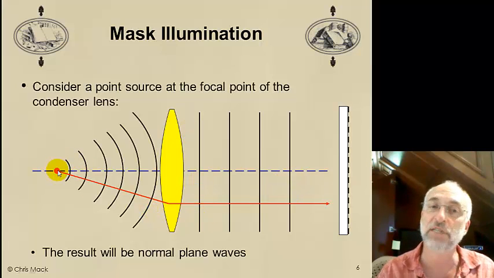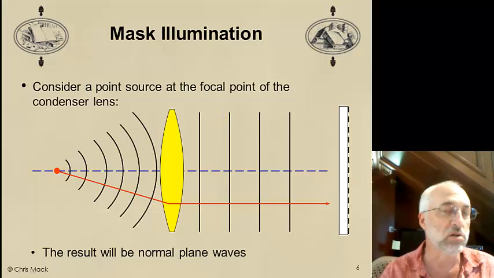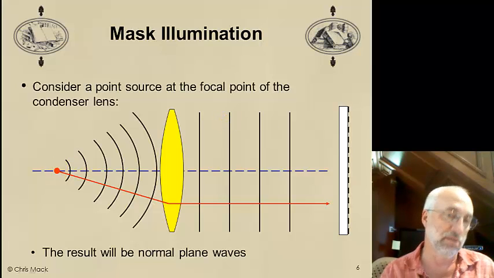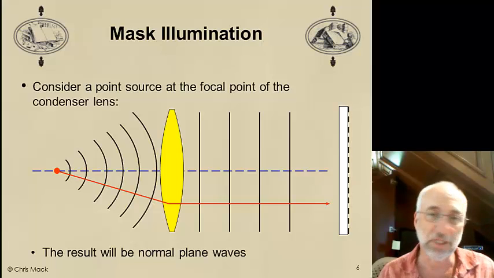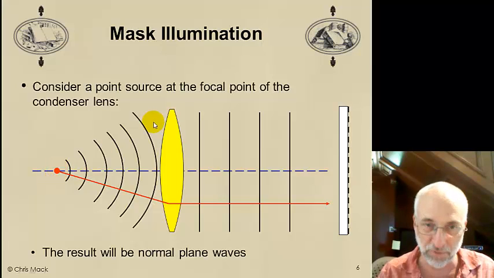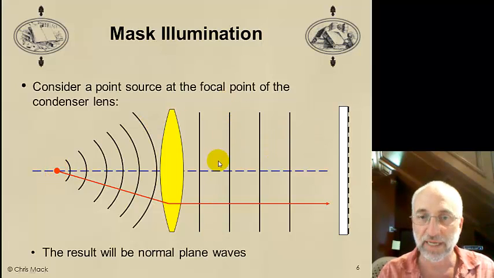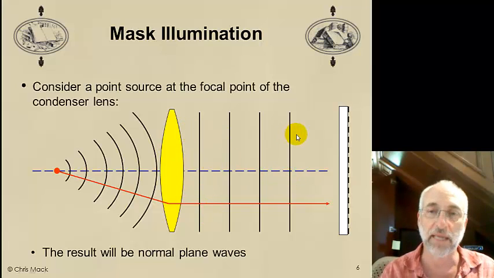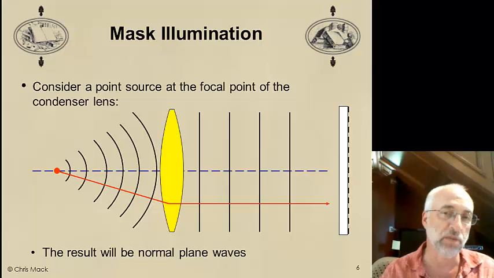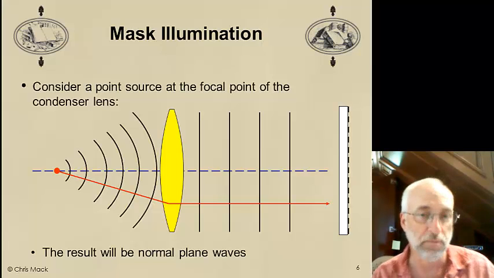That's kind of the definition of the focal point. And lenses are symmetric. You can just reverse the direction of the rays and everything works the same. So light emanating from the focal point will turn into light coming parallel with the optical axis out of that lens. What do I have illuminating the mask? Normally plane wave illumination, just like what we've talked about at first.